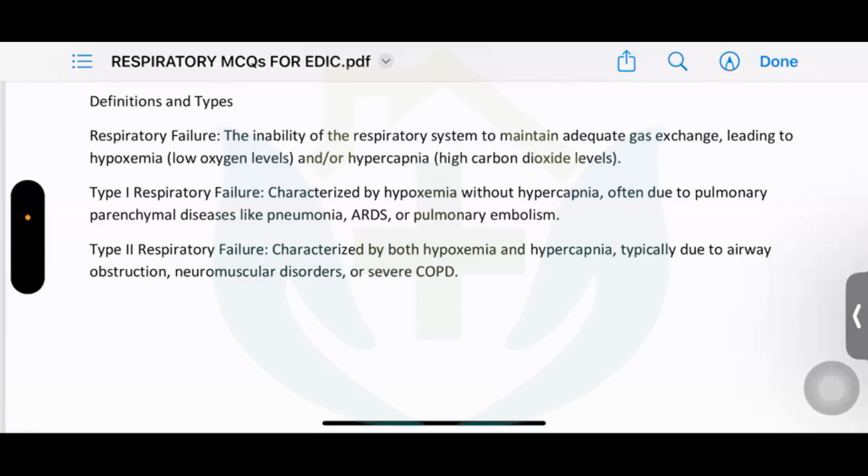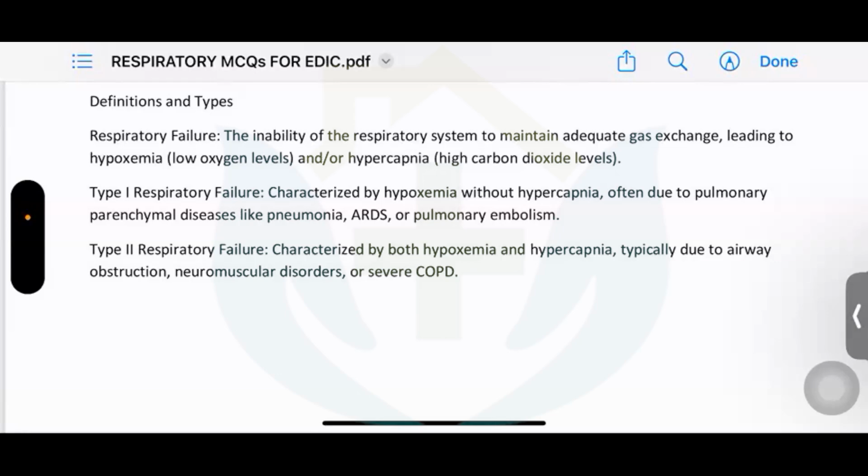Respiratory failure can lead to two types of failure: either low oxygen alone, or low oxygen along with a high carbon dioxide level. Type 1 respiratory failure is characterized by hypoxia without hypercapnia.